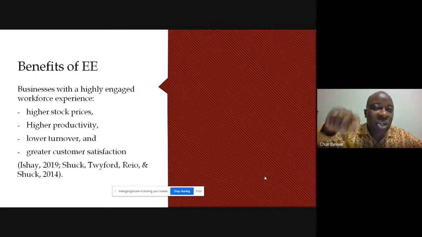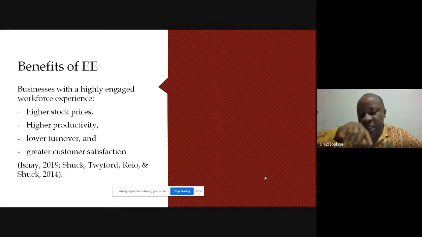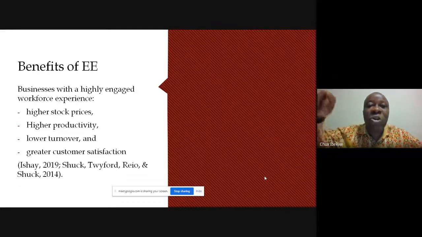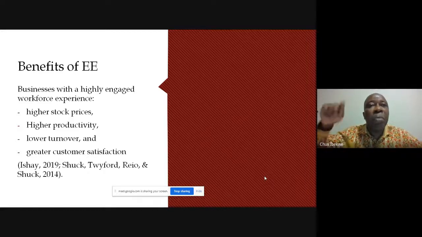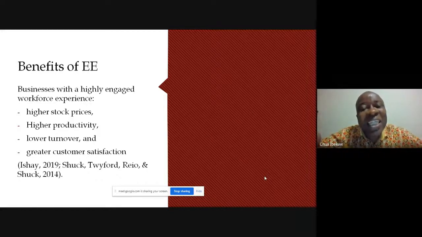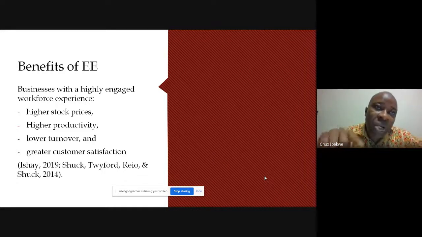If you are an organization that hires and fires tomorrow, not only will the cost of production go high, but the cost of hiring and training employees, as well as getting them to align to your organization's culture, will be very difficult, and that becomes a lost opportunity. Then greater customer satisfaction.